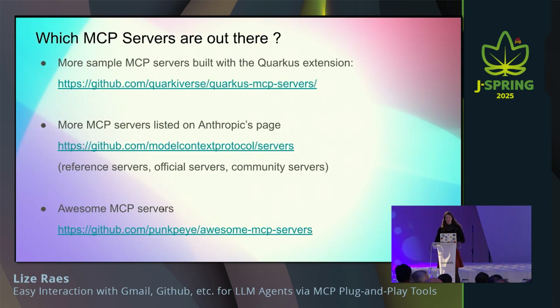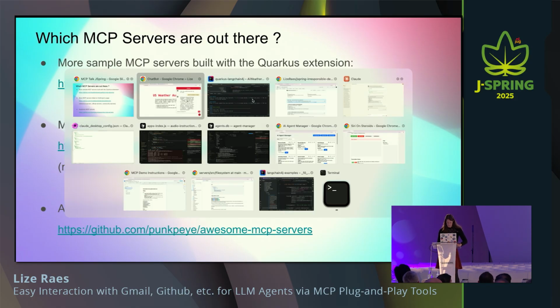Back to the slides. OK, let's have a look at what MCP servers are out there already. If you're looking for something, you can also simply say Gmail MCP server, GitHub, and you'll find multiple options to choose from. But then there's some kind of official repos.